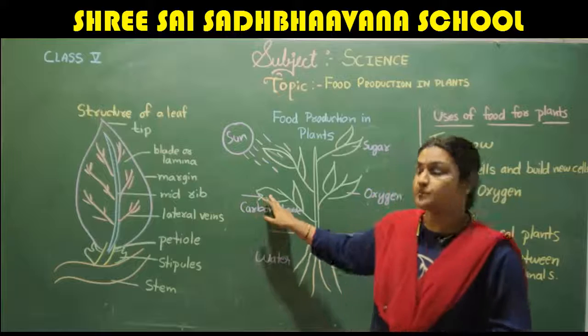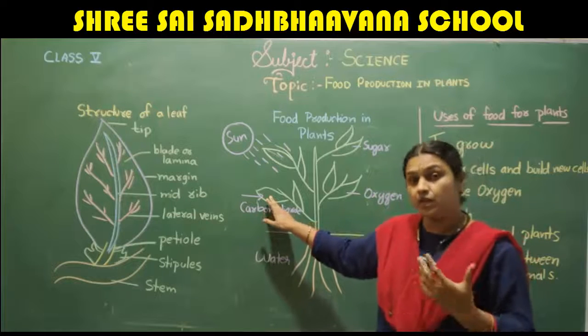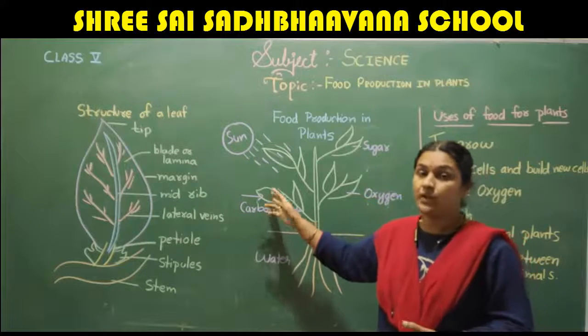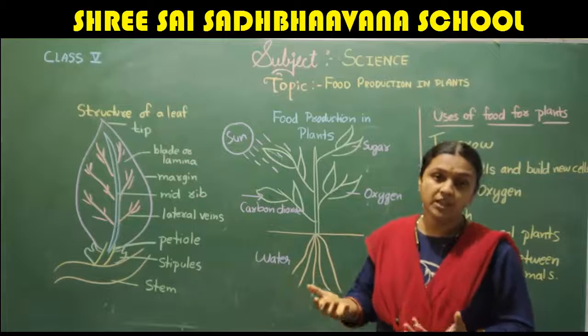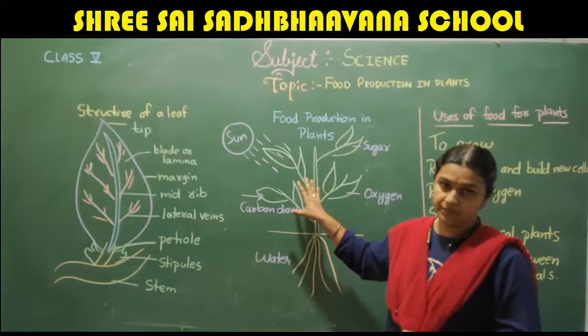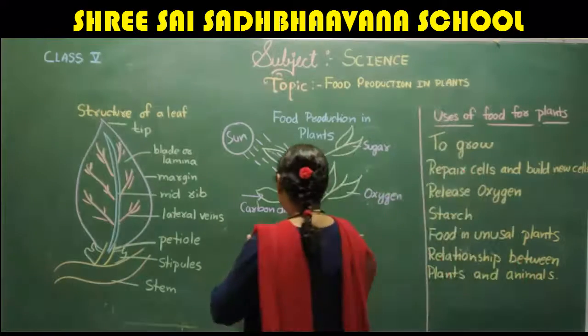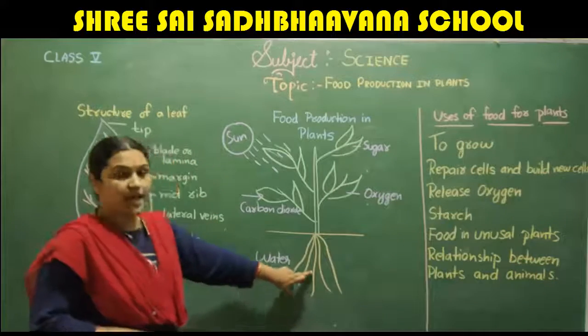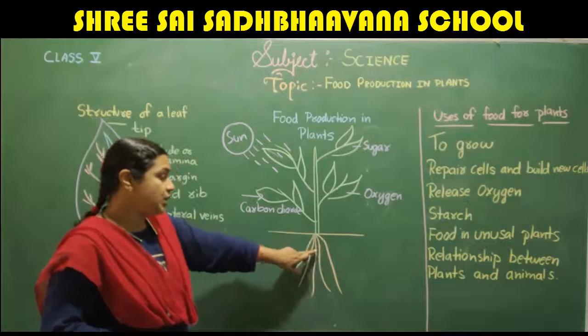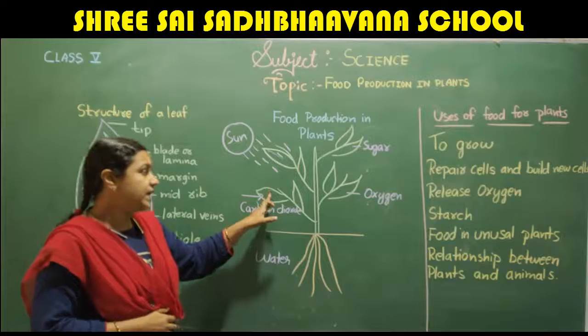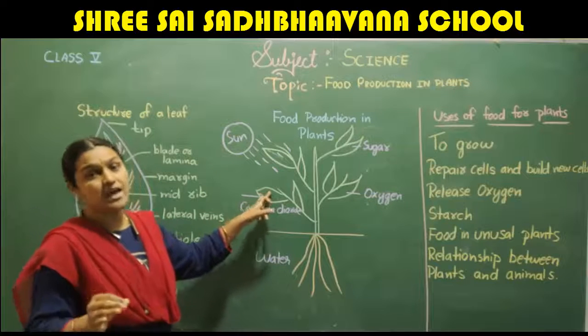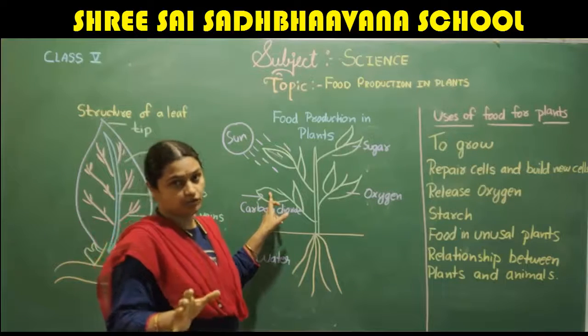Now, chlorophyll is important for a plant because that will help the leaf in preparing the food for the plant. So, we see that the water and the mineral are carried from the root to the stem, from the stem to the leaf. And the leaf is green in color because it has the pigment called chlorophyll.